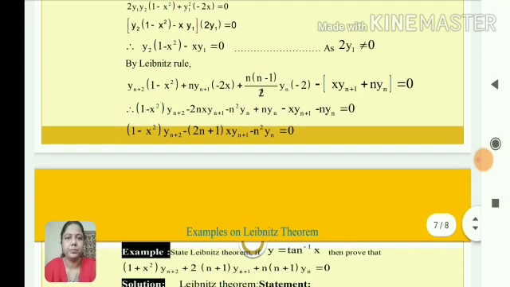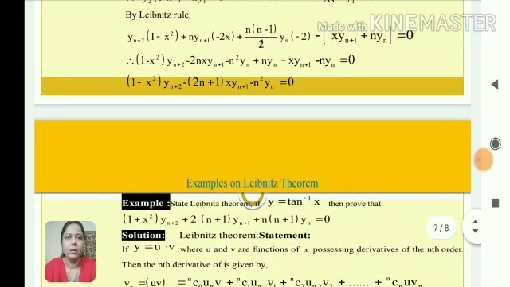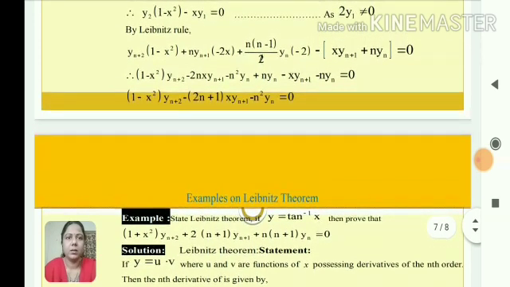Now see, by the Leibniz rule, first y2: here we are applying the Leibniz rule, so it becomes yn plus 2 into the second term as it is, 1 minus x square, plus the next term nC1, yn plus 2 into v1, whose derivative is minus 2x.